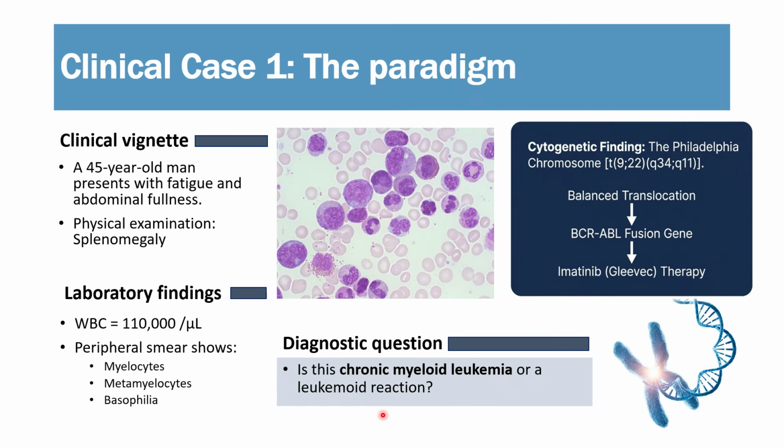And for this, we need to see if there is a Philadelphia chromosome. The Philadelphia chromosome, as you know, is a reciprocal translocation between chromosome 9 and chromosome 22. On chromosome 9, you have the ABL or the Abelson gene, and on chromosome 22, you have the breakpoint cluster region or the BCR gene.